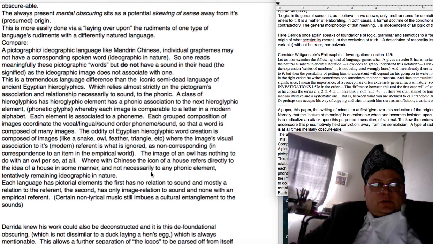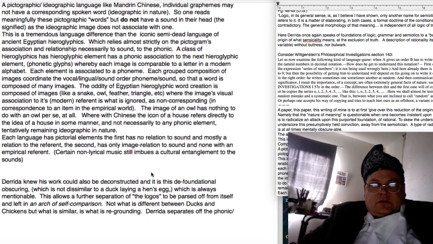A class of hieroglyphics has hieroglyphic elements, each with a phonic association to the next hieroglyphic element, phonic glyphs, whereby each image is comparable to a letter in a modern alphabet. Each element is associated with a phoneme. Each group composition of images coordinates the vocal lingual sound order, phoneme, sound, such that a word is composed of many images.